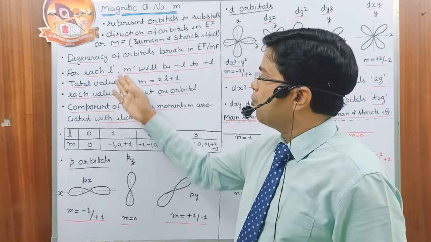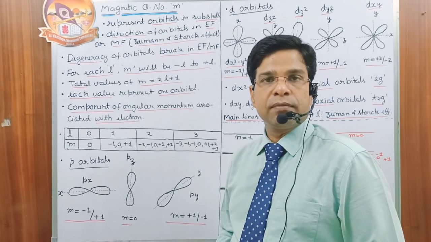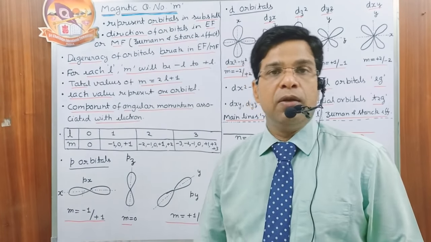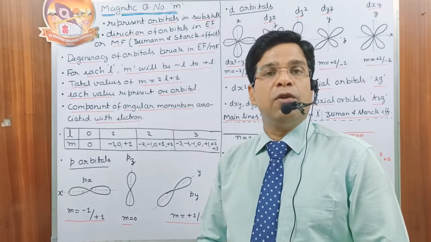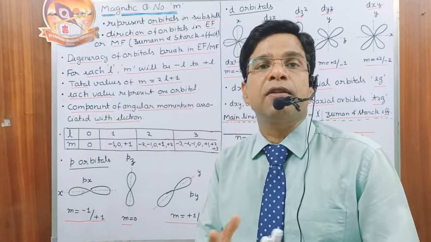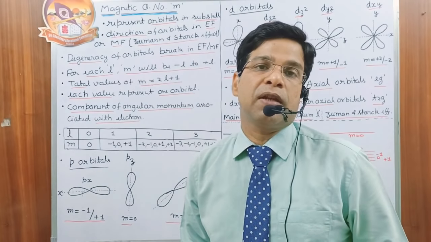For each value of L, the value of M will be from minus L to plus L, including 0. So the total number of values of M represents the total orbitals present in any subshell.